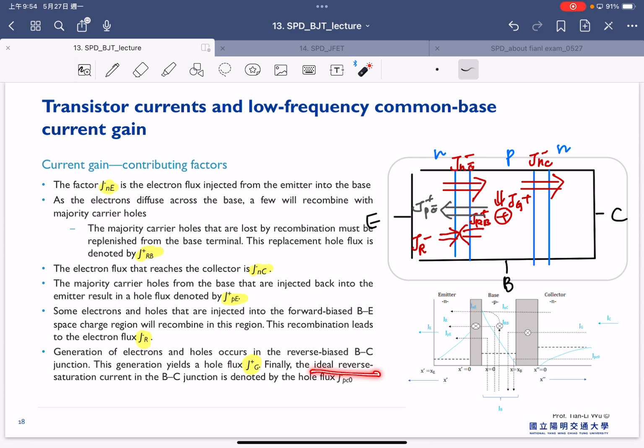And finally, the ideal reverse saturation current in the BC junction is denoted by JPC0 minus, which is here. So in the end, we have all these current components contributing to the current flow inside the bipolar junction transistor here.